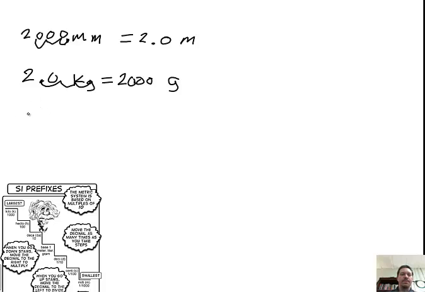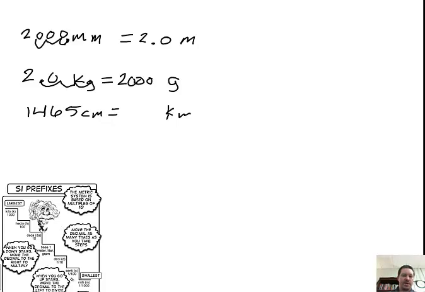Let's do one more. Let's say that we've got 1,465 centimeters, and we want to show it in kilometers.